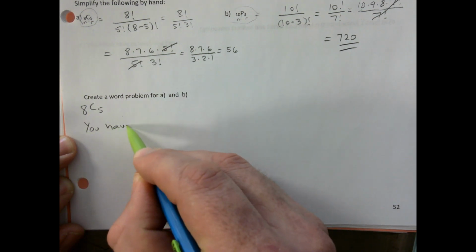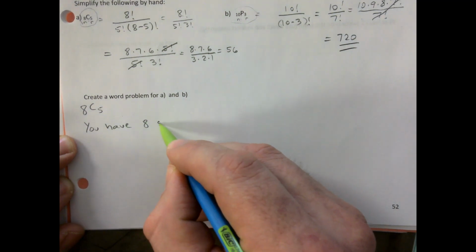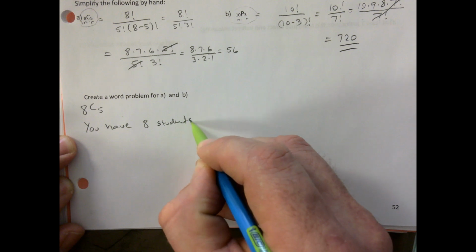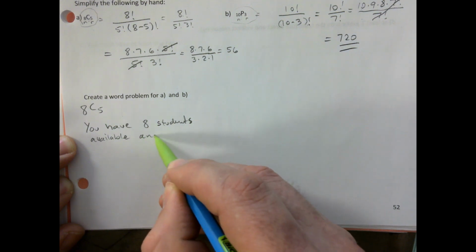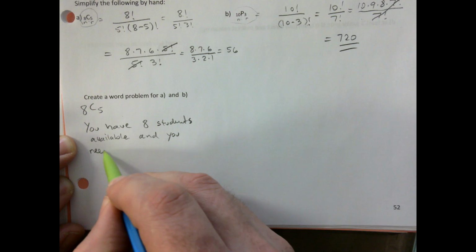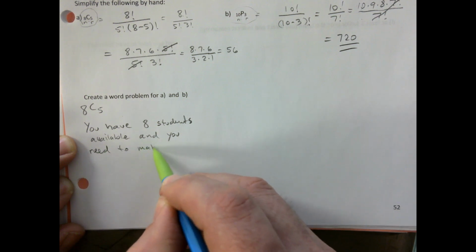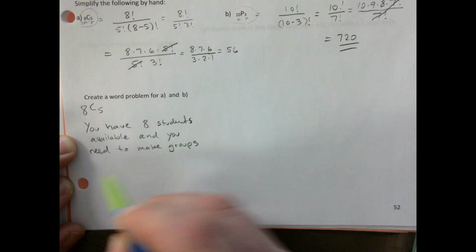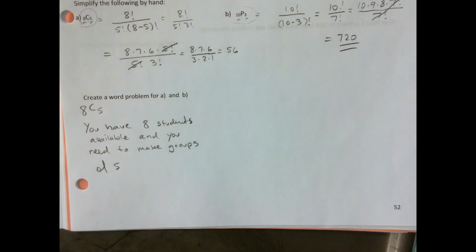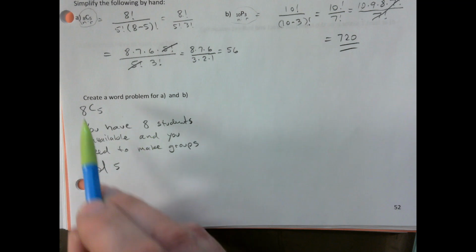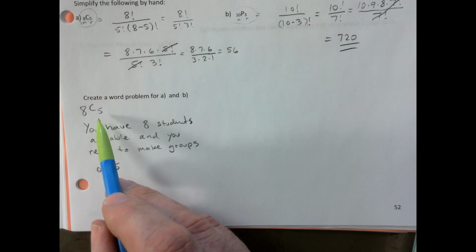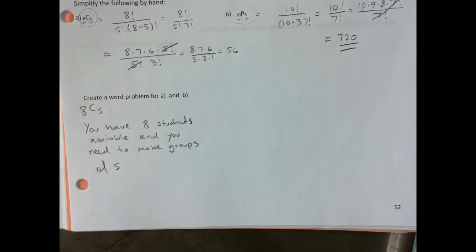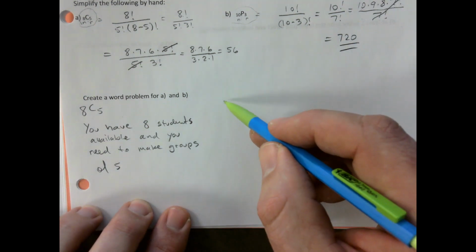You have 8 students available, and you need to make groups of 5. I know it's very cheesy, simple, but that does the trick. You have 8 students available, and you're picking 5 at a time. You're making a team of 5 at a time, and we're going to figure out how many there are. We're done.